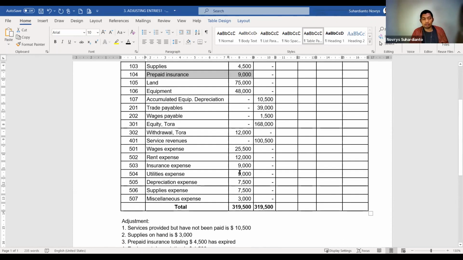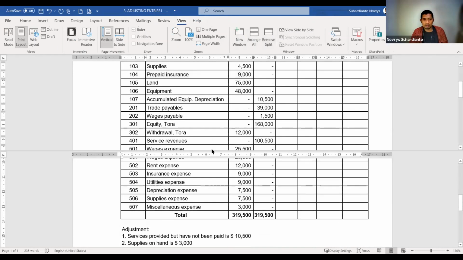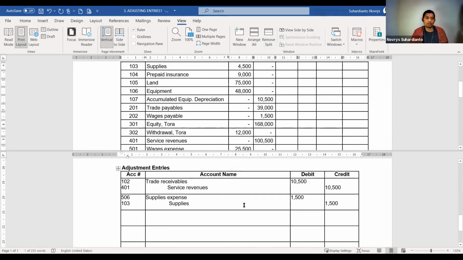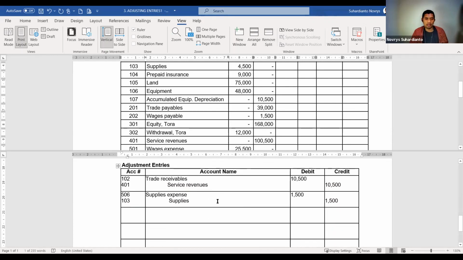However, some of it has expired. So 4,500 has expired. The protection expired, the benefit expired. So how do we adjust that item?